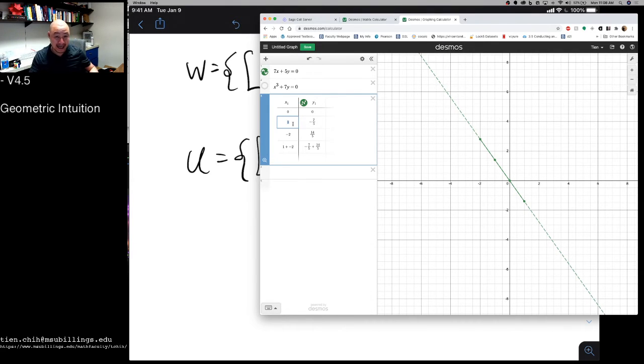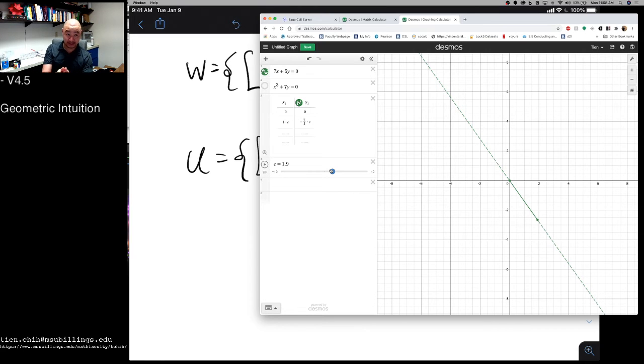And then as far as scalar multiplication goes, if I take one of my vectors and I multiply it by a scalar, that's always going to lie on the line, right?